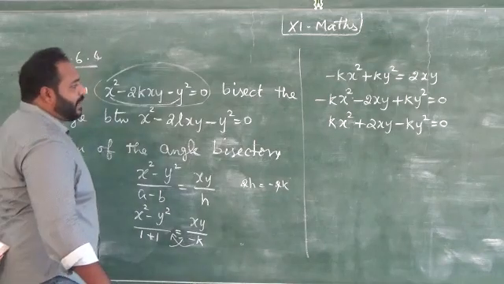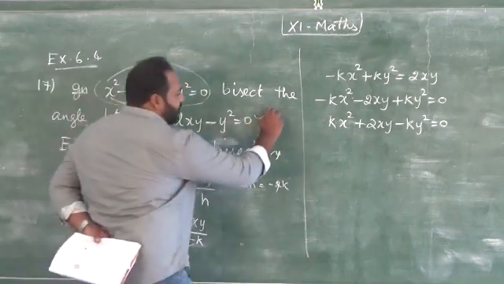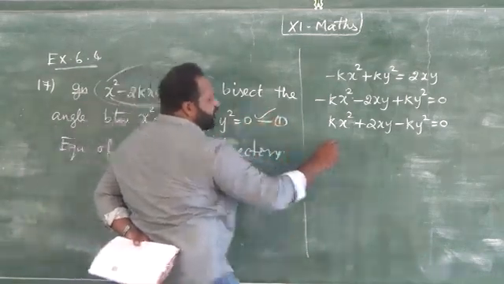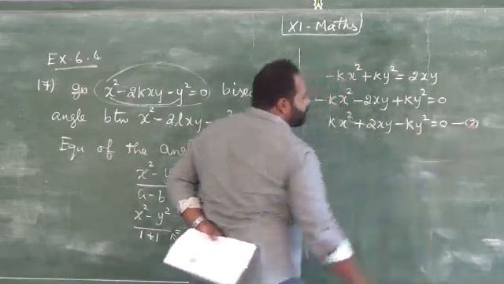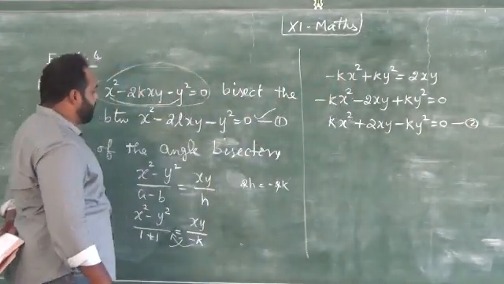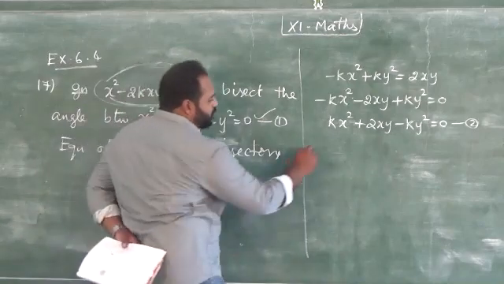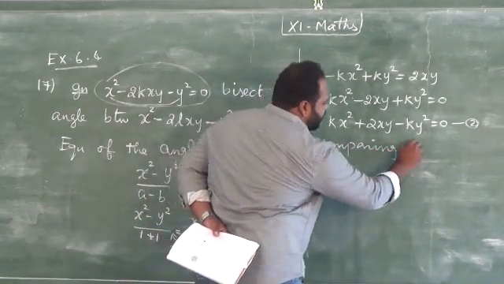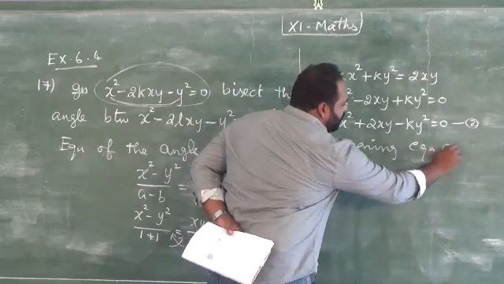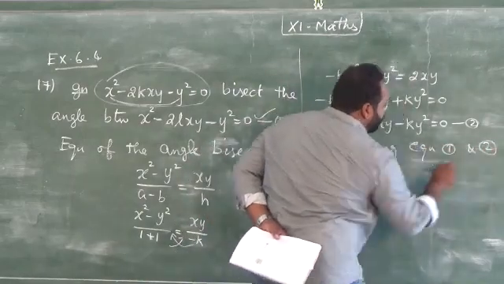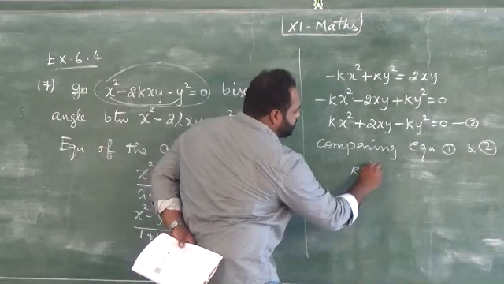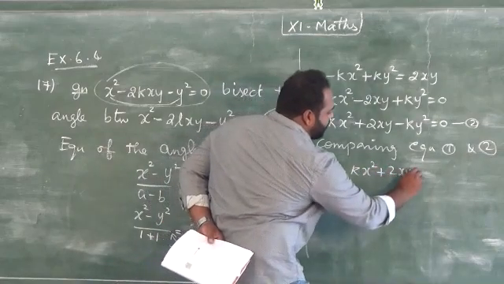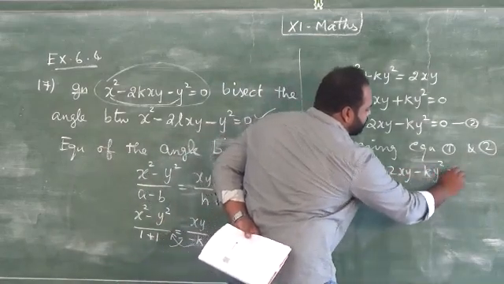Here I am going to compare this equation. I am going to take this as equation 1 and this as equation 2. Comparing equation 1 and 2, here kx square plus 2xy minus ky square equal to 0.